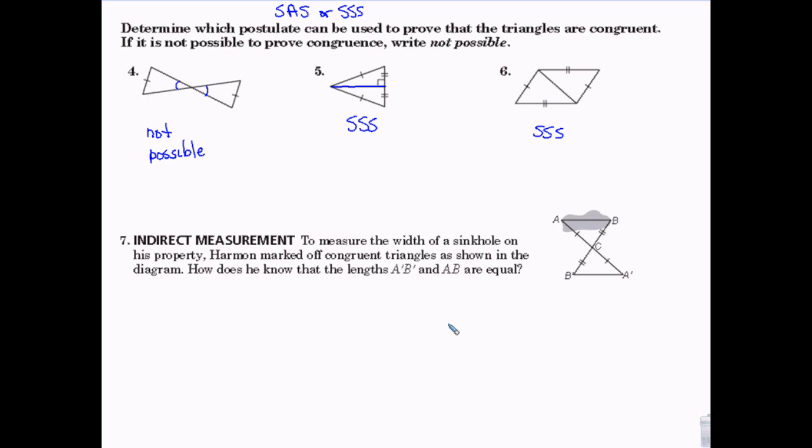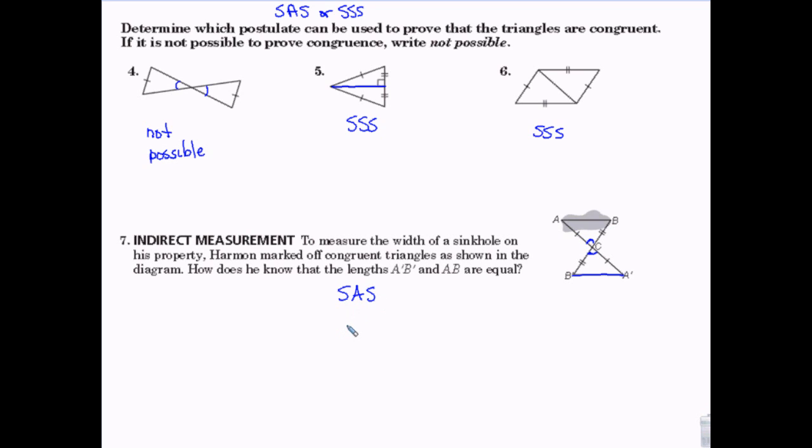So what they did is they draw congruent triangles by marking off these lines. And then they measure this distance. And so they're asking you, how do you know that this length is the same as this length? Well, these angles will be the same, so you'll have side, angle, side.